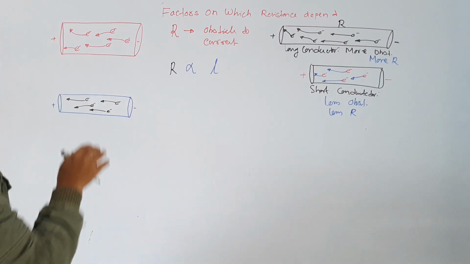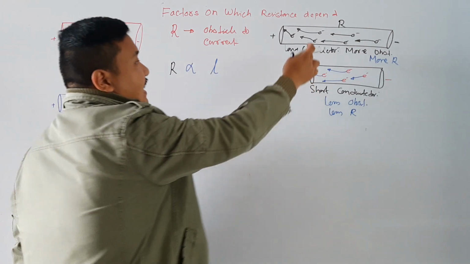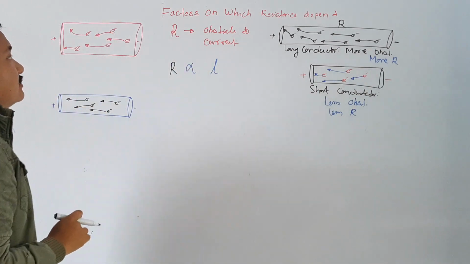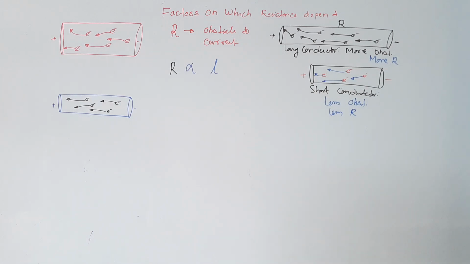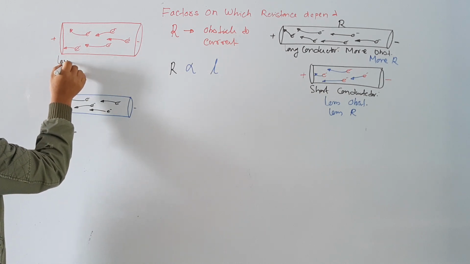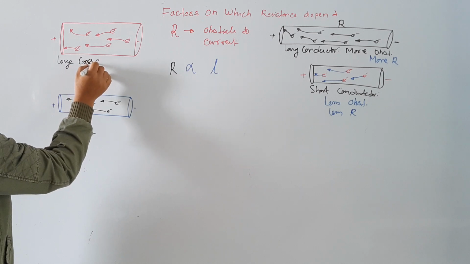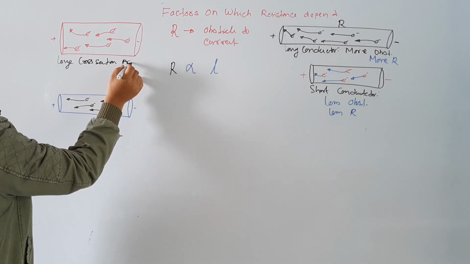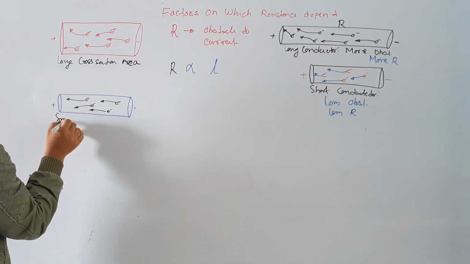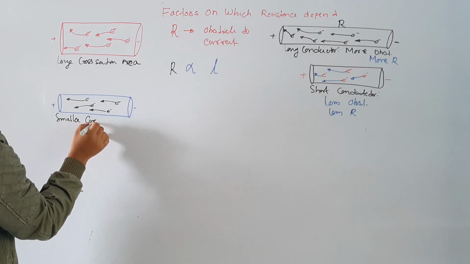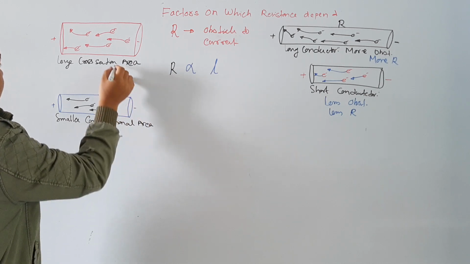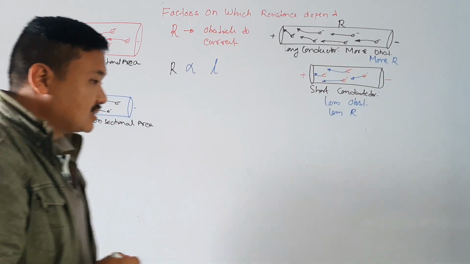Now let me come to this case. Here also these two wires are made of the same material, but this one has a large cross-section area, and this one has a smaller cross-section area.